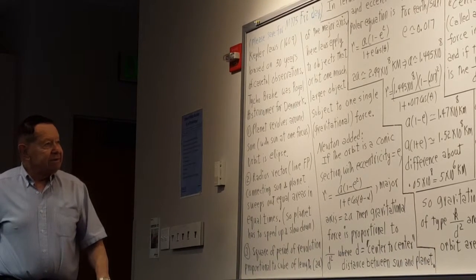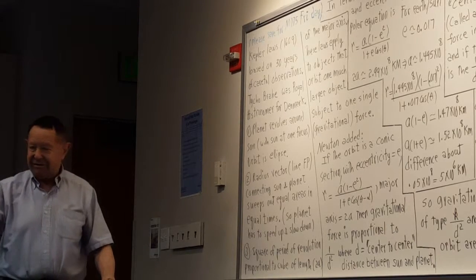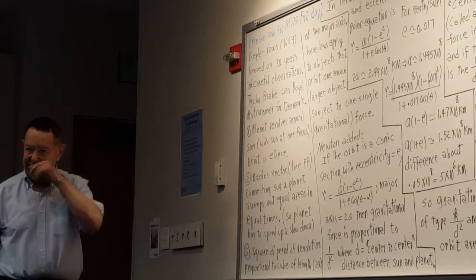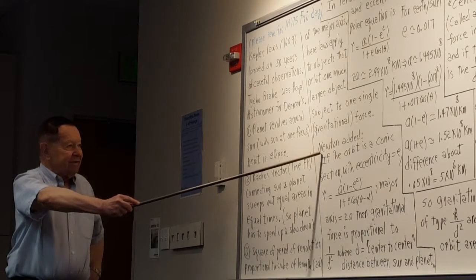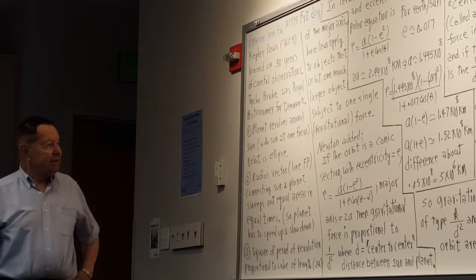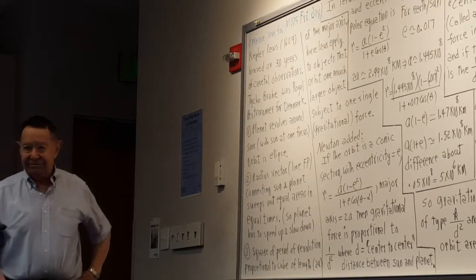And so, without being specific about just what the other forces are, you can't say much. So then Newton added to this, but this was the basis on which Newton worked.